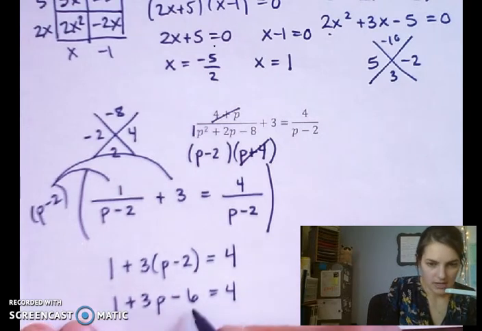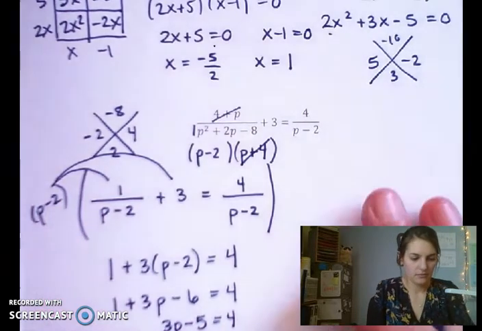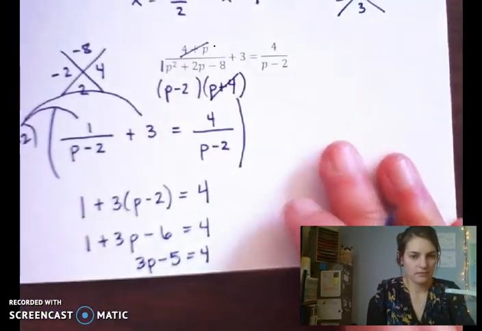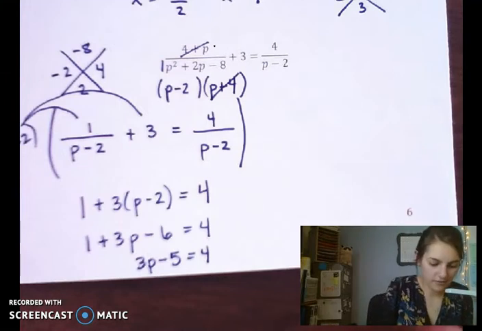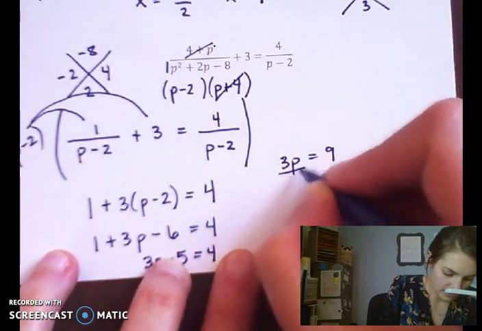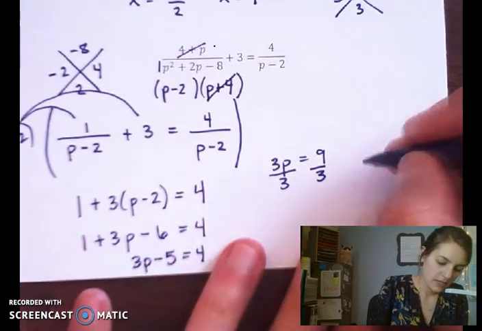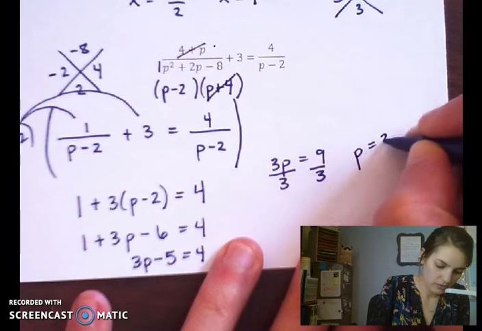The 1 and the negative 6 combine on this side for a negative 5 equals 4. Flip the 5, and you get 3p equals 9. Divide by 3, and you get p equals 3.